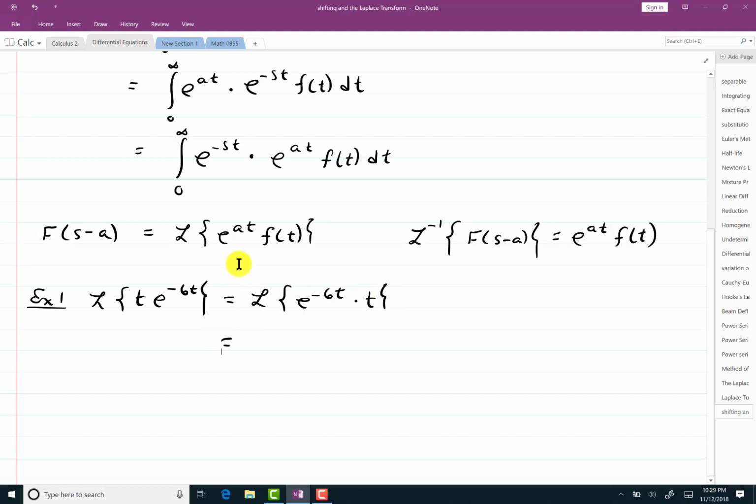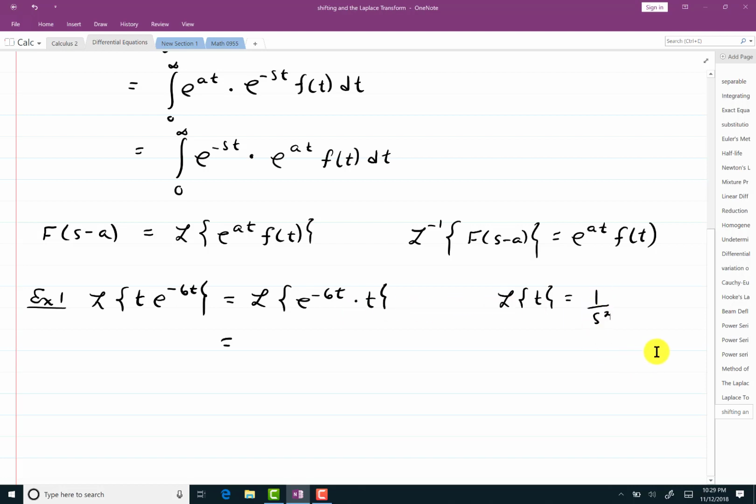Now, according to this, it should equal F of s minus a. Now, the Laplace transform of just t was equal to 1 over s squared. So, this is what they're talking about here.